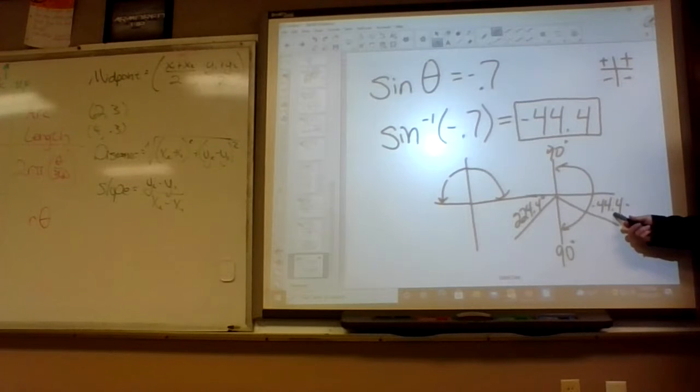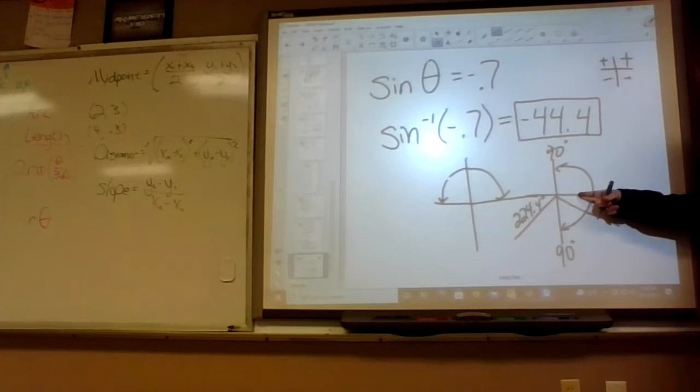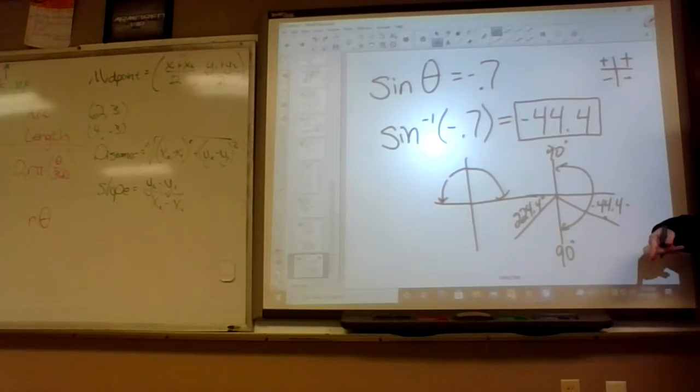And then negative 44.4, although it's in the fourth quadrant, is not between 0 and 360. So this is going to be 360 minus 44.4, which comes out to 315.6.